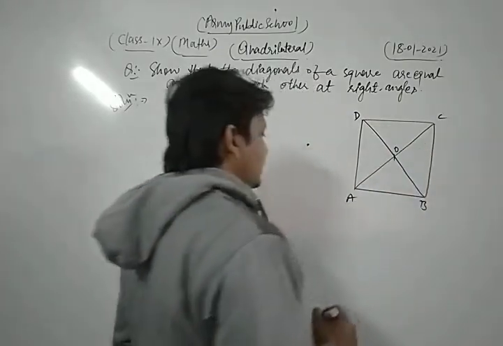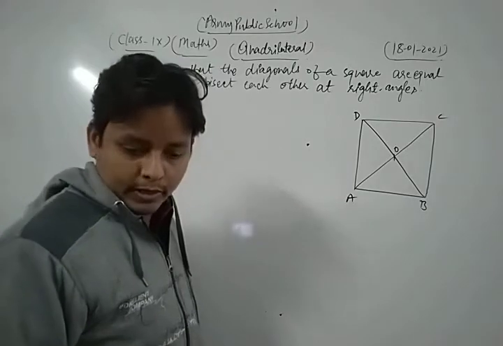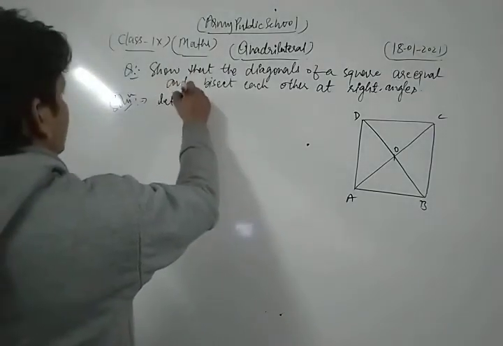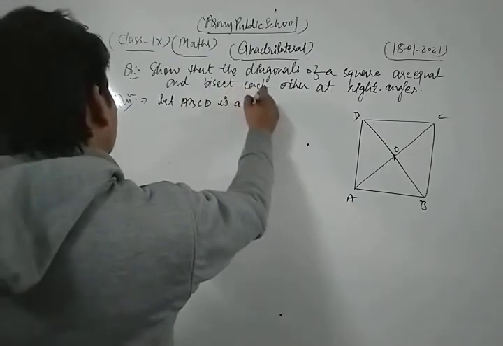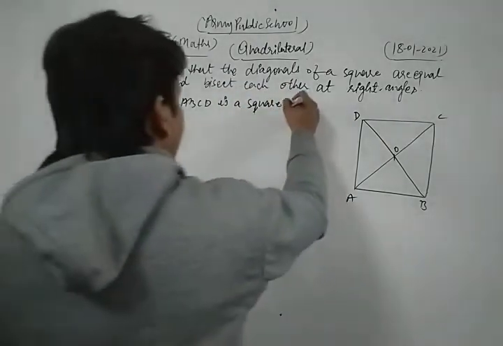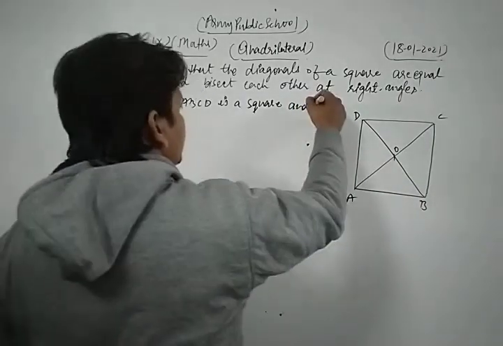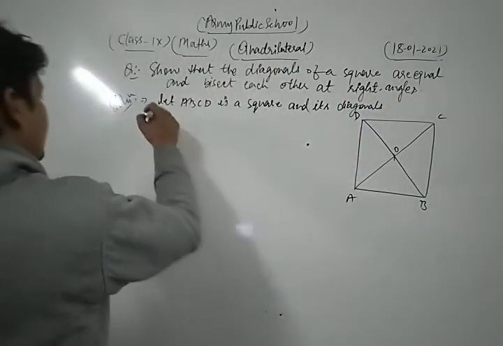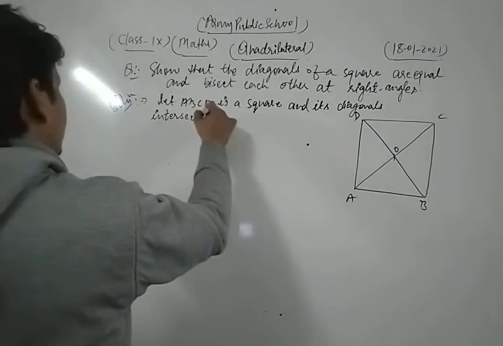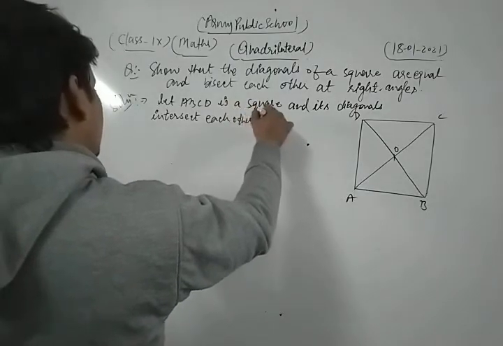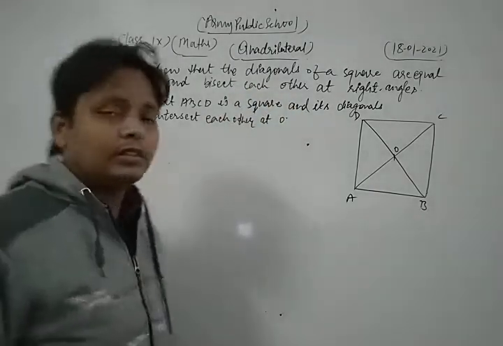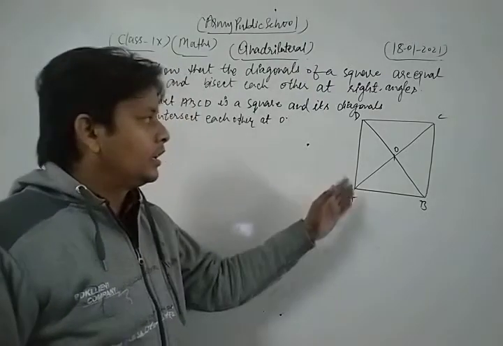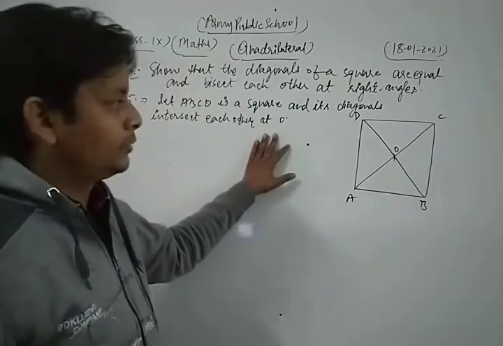Let us consider they intersect each other at point O. Let ABCD be a square and its diagonals AC as well as BD intersect each other at point O.